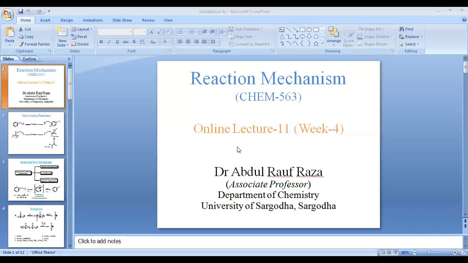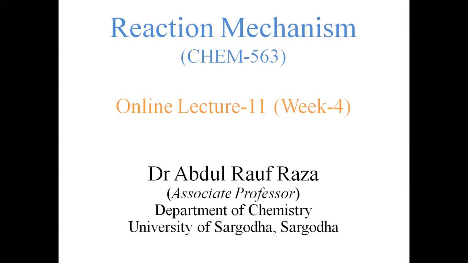If these are being replaced by someone, this is simply called a substitution reaction. So a substitution reaction is in fact a replacement reaction, meaning we are replacing an atom or a group of atoms in a substrate by something else. This is called a substitution reaction.